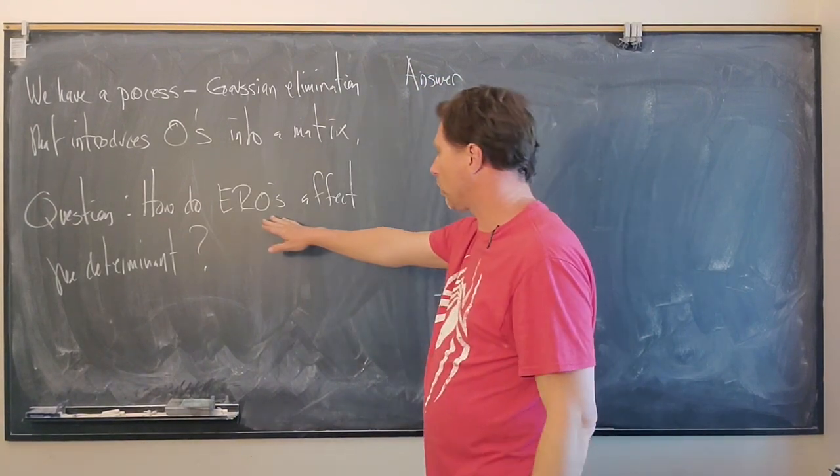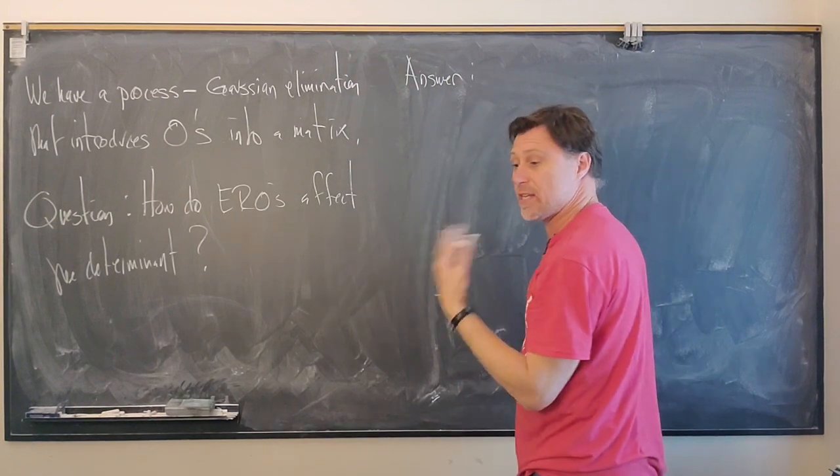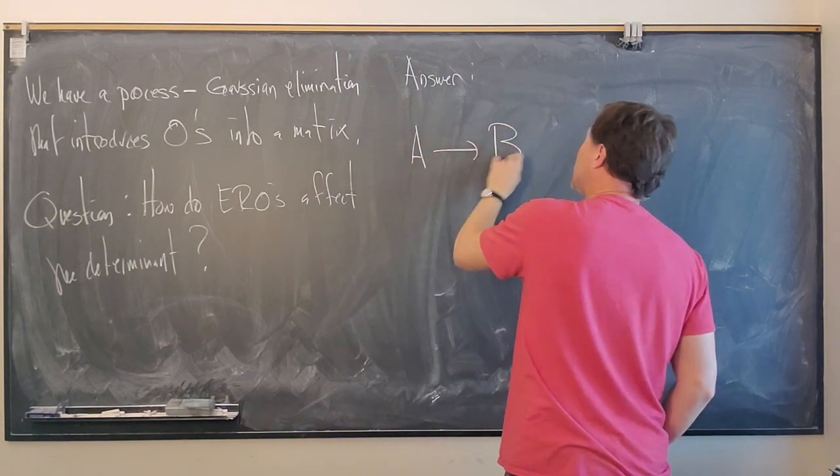How do elementary row operations affect the determinant? Well, there's 3 different row operations, so let's look at each of them individually.